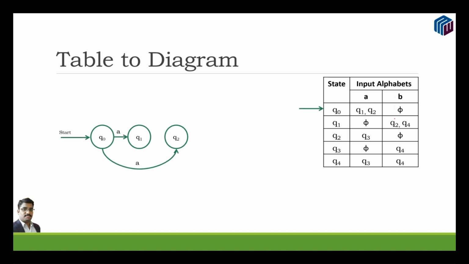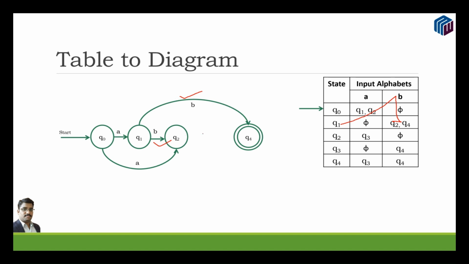The Q4 state is not there yet, so we draw the Q4 state. Now Q1 on B moves to Q4 and Q2, so we draw the transitions: Q1 on B to Q2, and Q1 to Q4. We have done that.